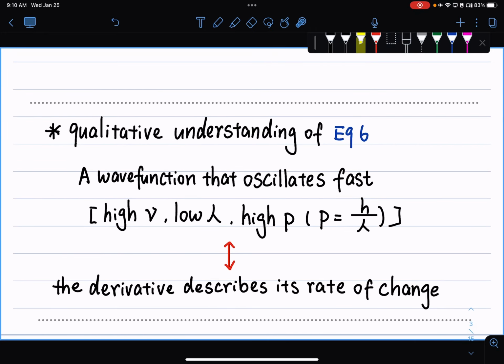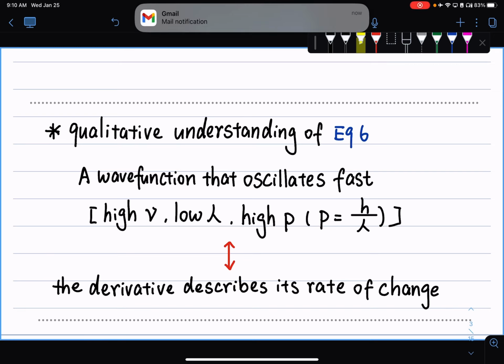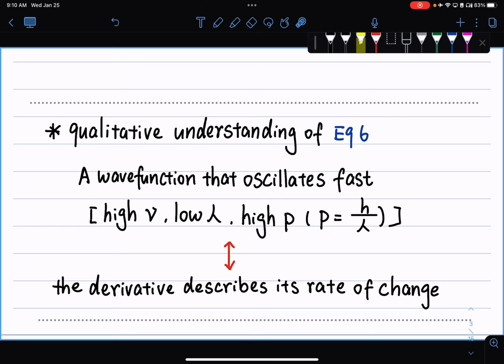Imagine a wave function that oscillates fast. It has high frequency, a small wavelength, and consequently a large linear momentum, because p equals h over lambda. The second derivative describes the rate of change, so if it oscillates faster, it is expected to have a larger rate of change.